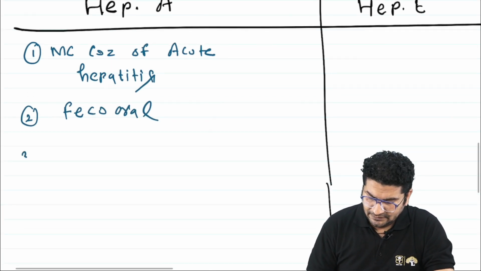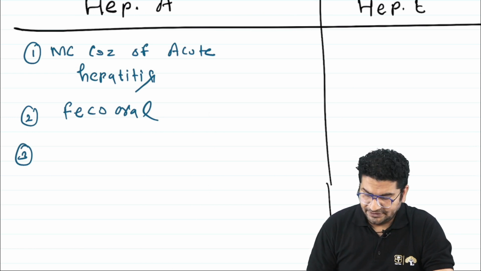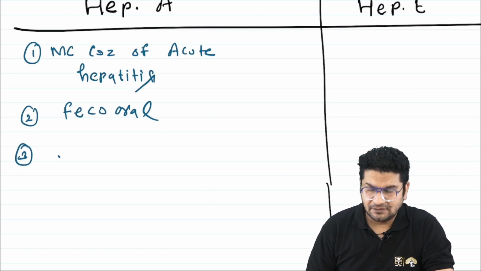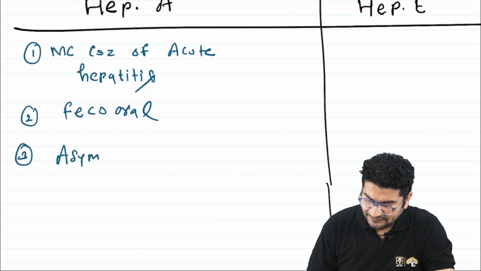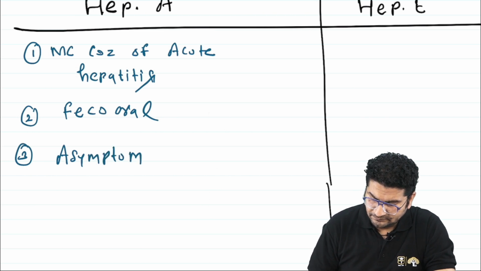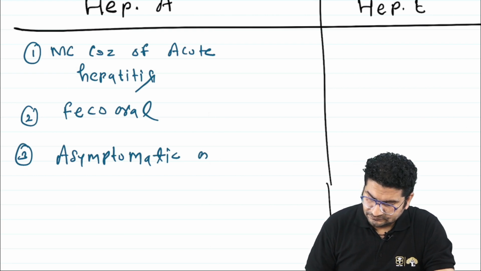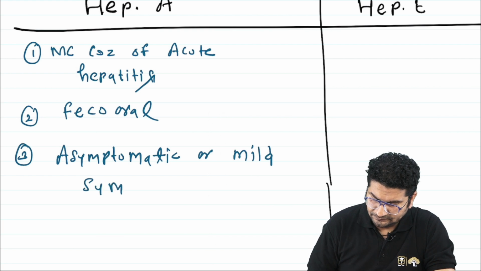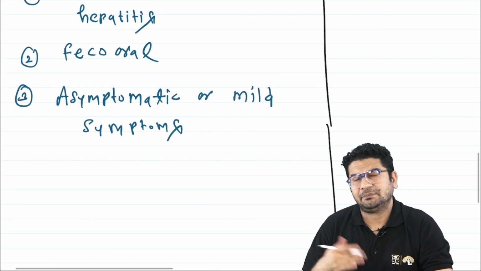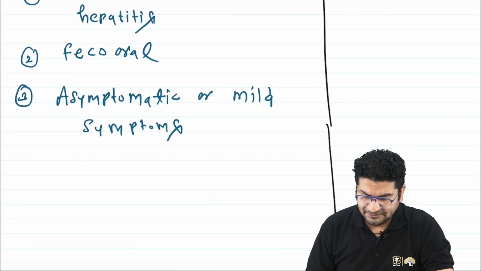Mostly the patient is either asymptomatic or has very minimal, mild symptoms, like right upper quadrant pain.